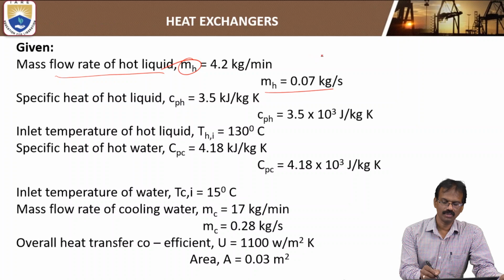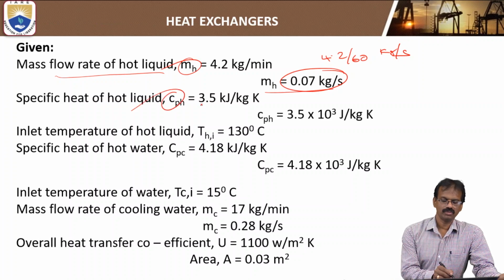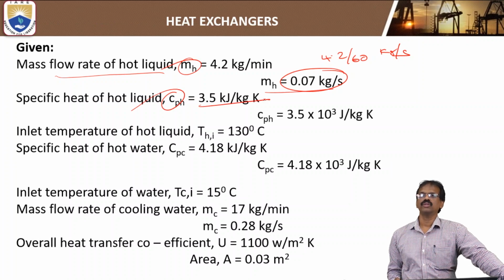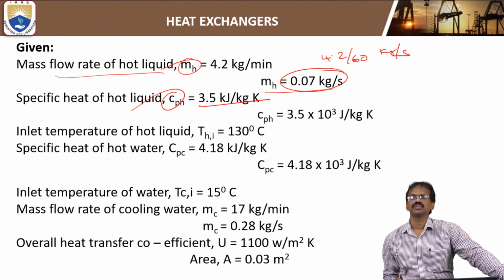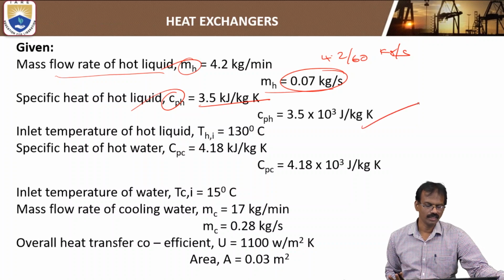So that is nothing but 4.2 by 60 kg per second. This is the value. Similarly, specific heat of the hot fluid, CPH, is 3.5 kilojoule per kg Kelvin. It means 3.5 into 10 cube joule per kg Kelvin. Okay. So these are the data related to the hot fluid.